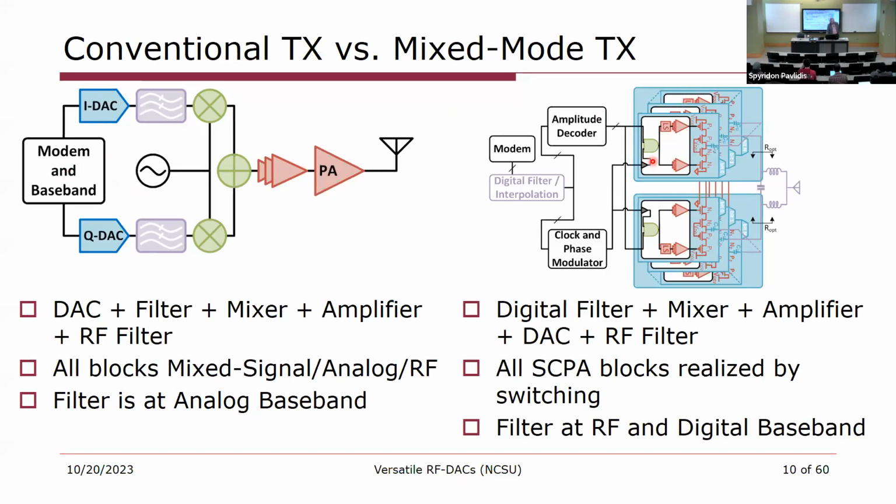Now, in the mixed mode transmitter, we're going to rearrange some things. So most of our filtering is actually going to happen in the digital baseband. So these are digital filters. One of the nice things about this is that they're tiny compared to analog baseband filters. The mixing is actually going to be done by a logic gate. So we're going to have an enable signal that gets mixed with a clock signal and gets converted up to high frequency. Our amplification is really just a switch driver that's going to drive the bottom plate of a capacitor.